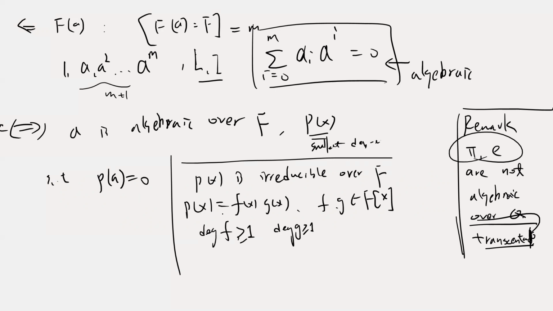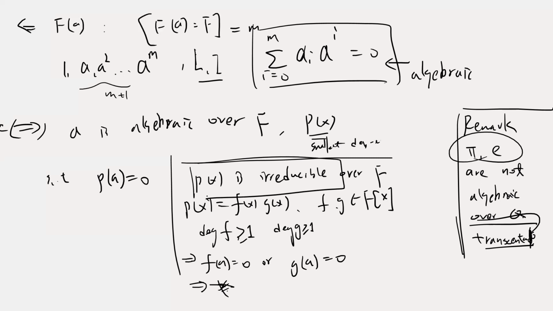Then P(A) is 0, so either f(A) is 0 or g(A) is 0. But that means you can replace P by f or g, and either one of them has degree less than P, which is a contradiction. So P(x) must be irreducible.